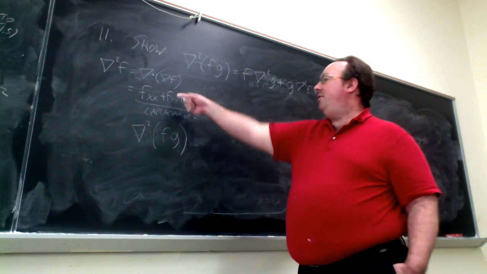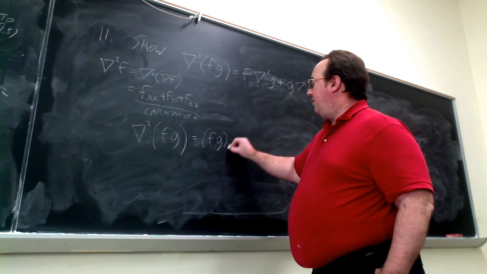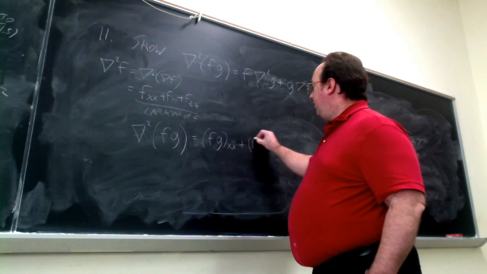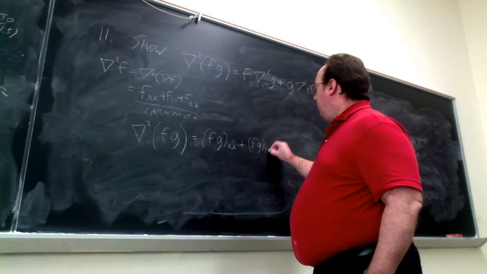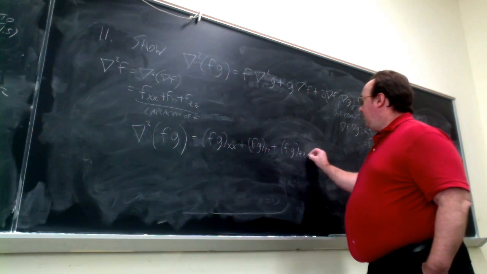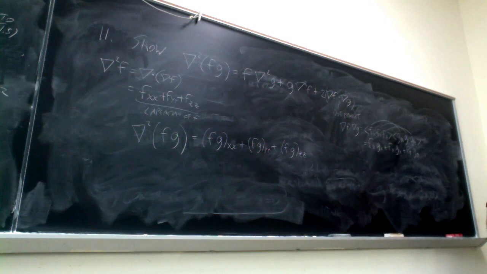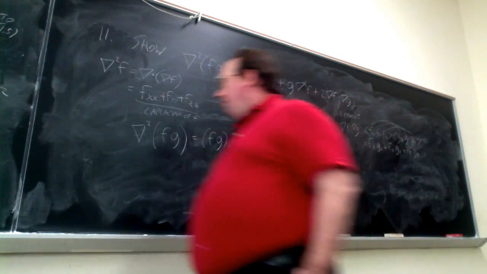So based on this definition here, that would be (fg)xx plus (fg)yy plus (fg)zz. So now you have to take the second derivative of a product. So you can think of it as applying a product rule twice. But there's actually a shortcut.